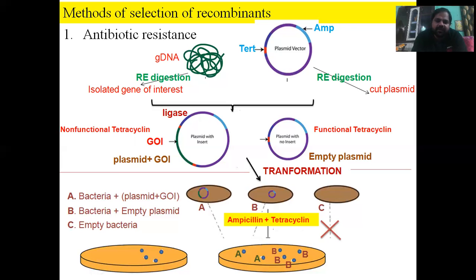It means we will select A type bacteria from our previous plate which has been treated with ampicillin only, and we will isolate them, so we will get a pure colony of bacteria with the construct of plasmid with our gene of interest. So by this procedure we can screen out those bacteria which have the plasmid along with our gene of interest.